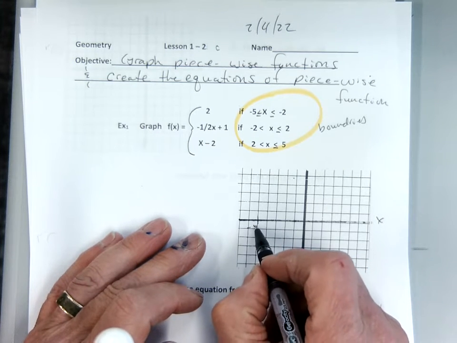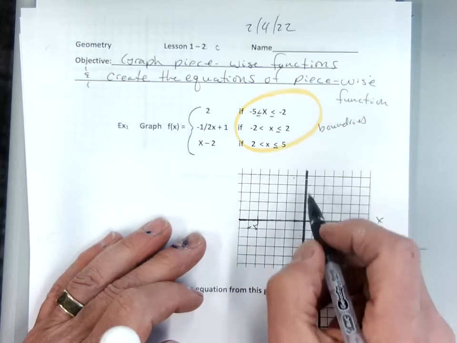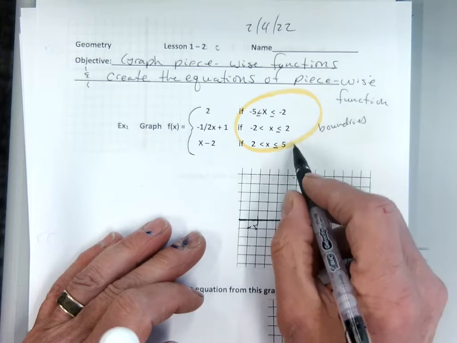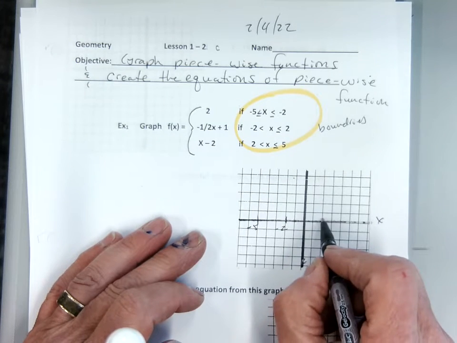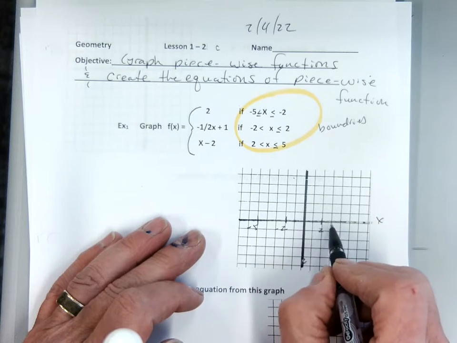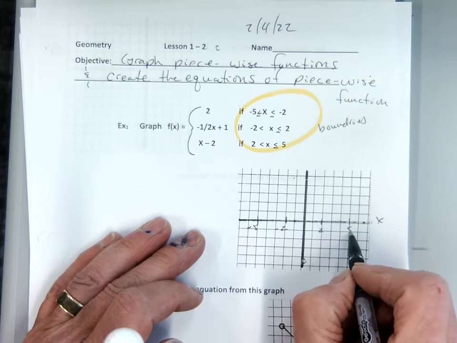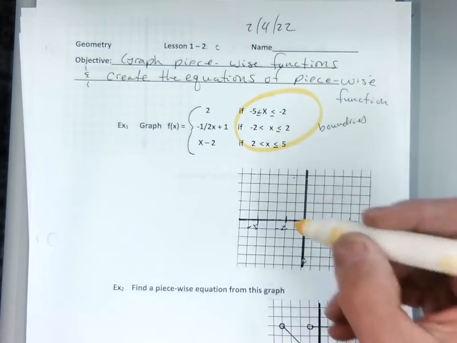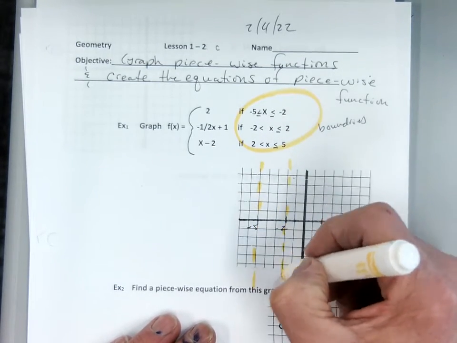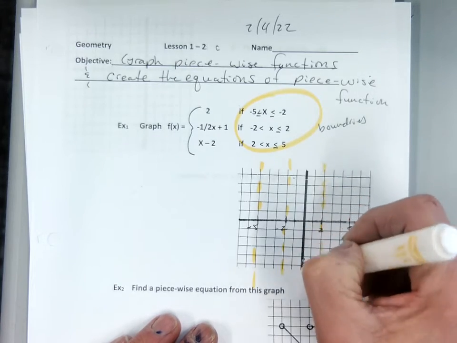There's -5. -2 on my x-axis. 1, 2. +2 on my x-axis, 1, 2, and then +5, 2, 3, 4, 5. These numbers are invisible, but I like to have them in there because they really help me see my regions, right?